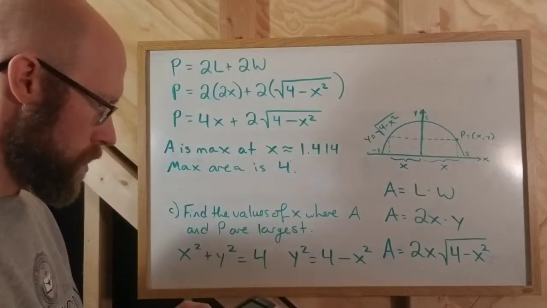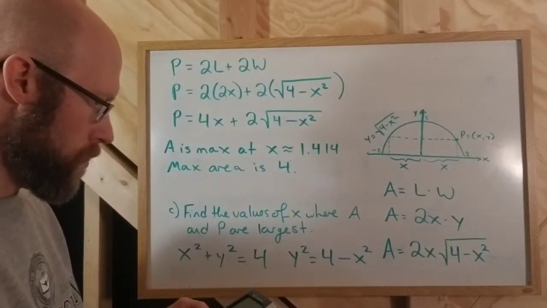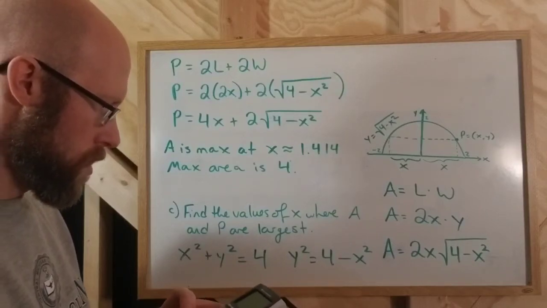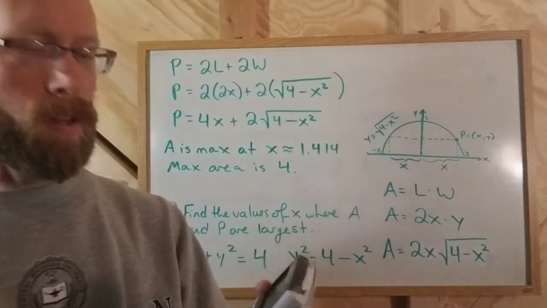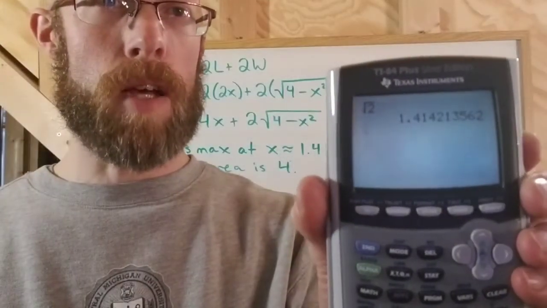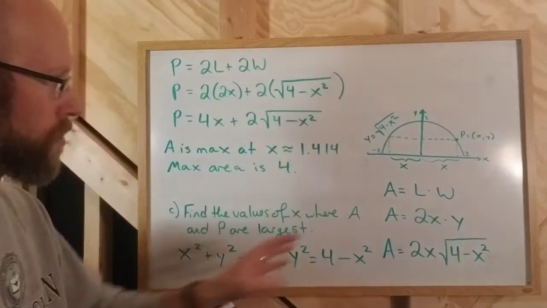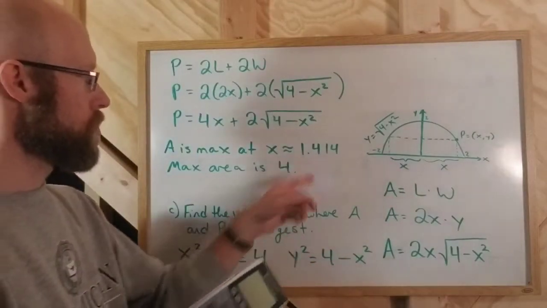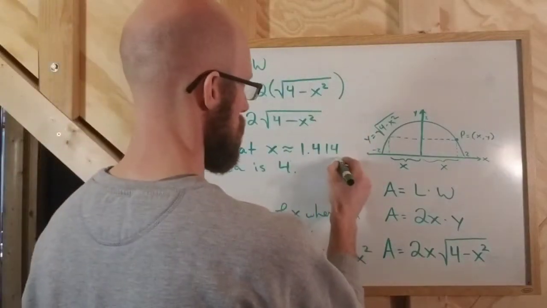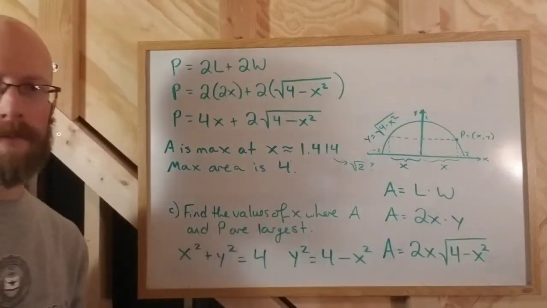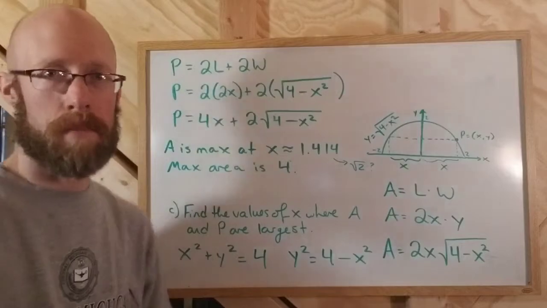Okay, let me just double check. 1.4142135 is the square root of 2. Yeah, looks like the square root of 2 has that same decimal value. So I believe that if we calculated that out, the square root of 2 is the value that we would end up with there. Just something I recognized.